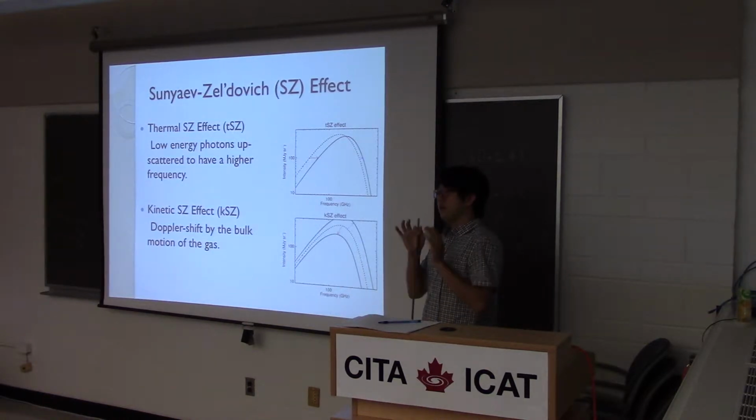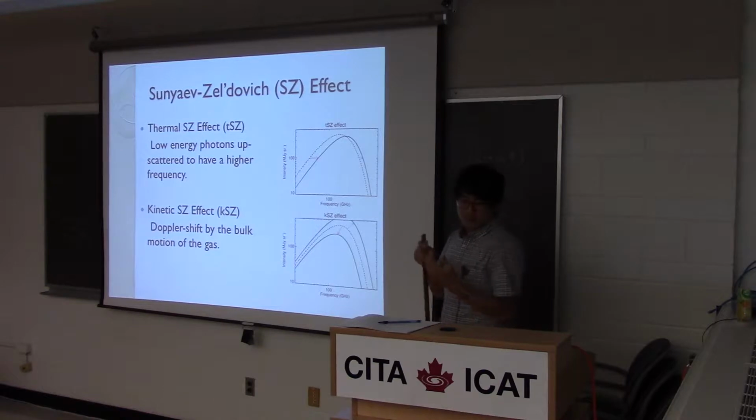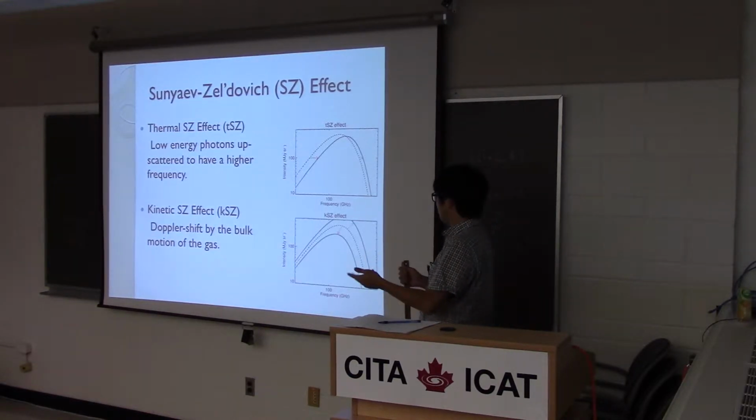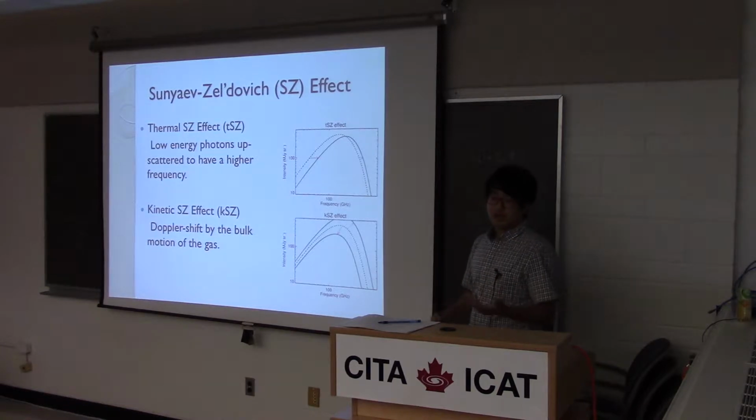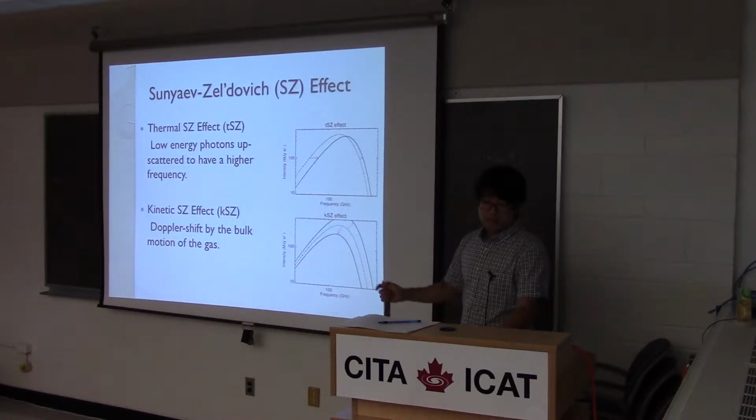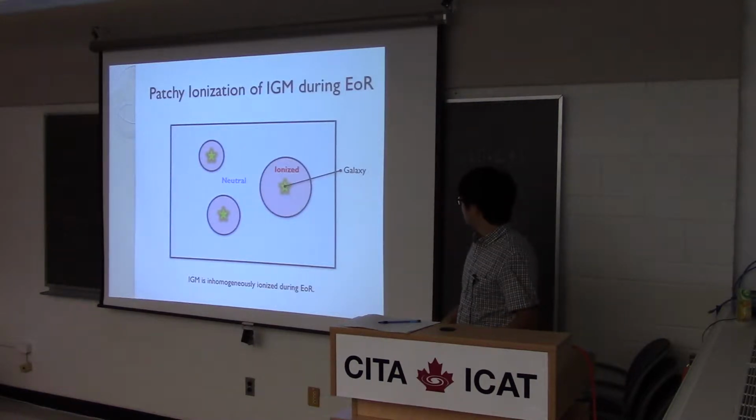So when the ionized gas scattering the CMB photons are moving toward or away from us, then the scattered CMB photons will be blue or red shifted accordingly, depending on the line of sight velocity. So here's the cartoon picture.